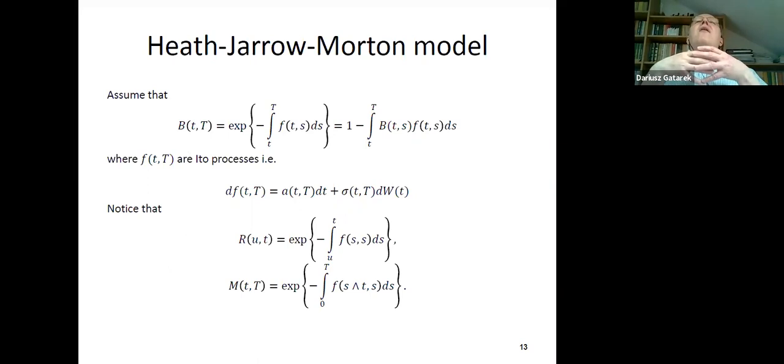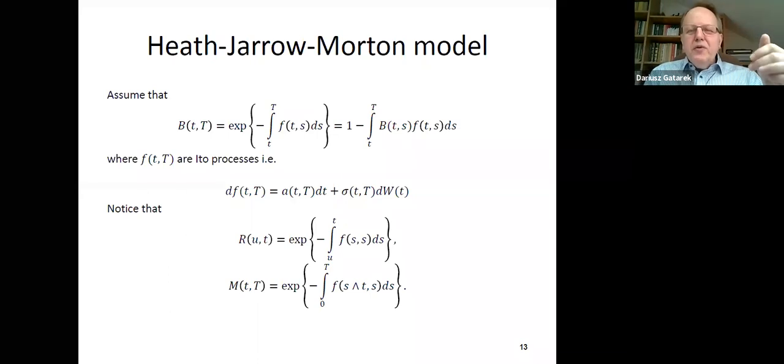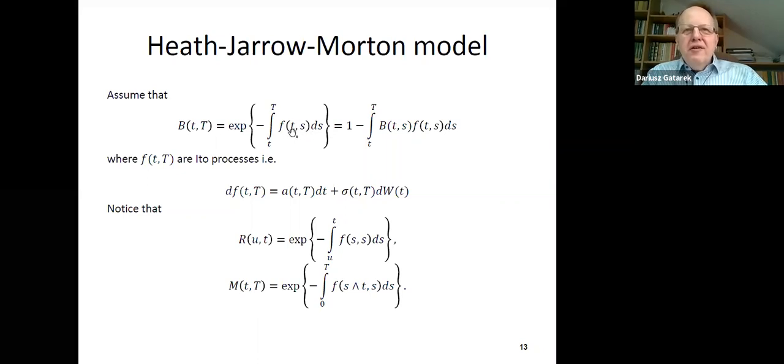So F consists of two components, randomness and future. This is in rough terms the expectation at time T of the short rate that will be in the future at time S. That's the way we should look at this notion. And then the next assumption is that forward rates are Itô processes.